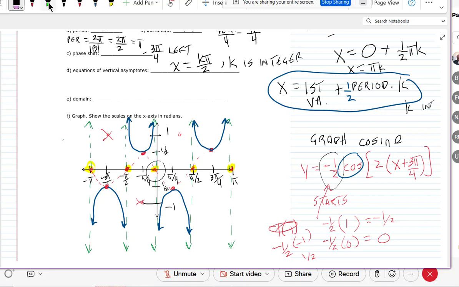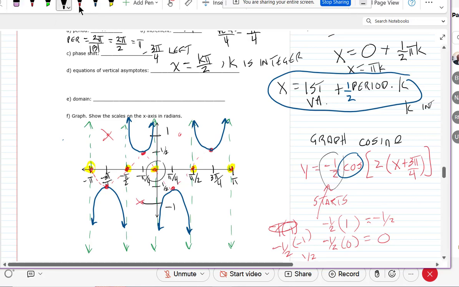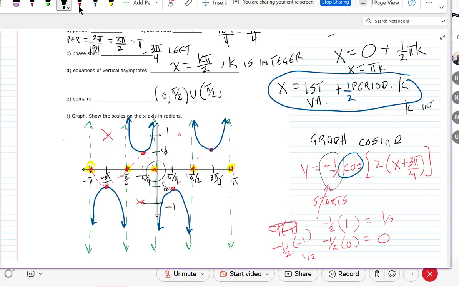All right. Now with this next thing here, the domain, you just have to write intervals. So you would find that you have a graph between 0 and pi over 2, and then you have a graph between pi over 2 and pi.